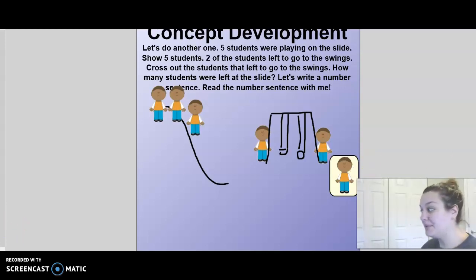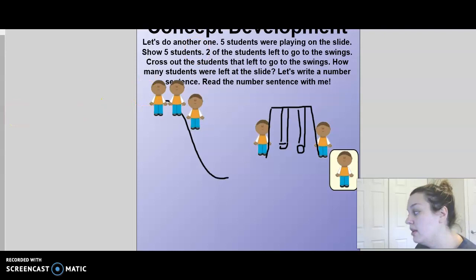Okay, let's see what we have. Remember, if you didn't get this answer, it's okay. It's a really tricky thing to learn subtraction, so we're going to keep working on it, okay? So 5 students were playing on the slide. So 5 is my whole. 2 students went to play on the swing, so I'm subtracting them.